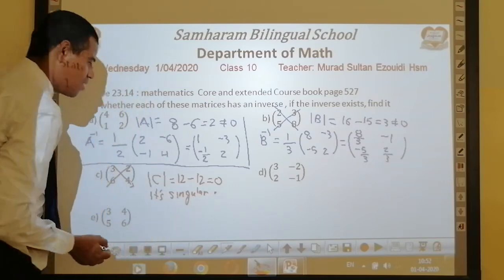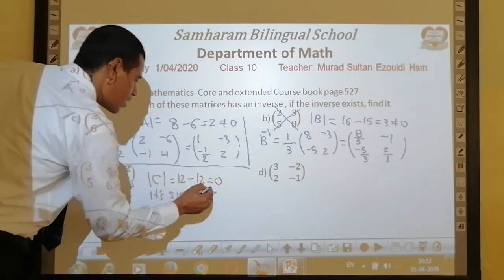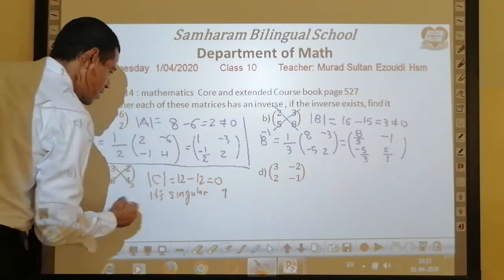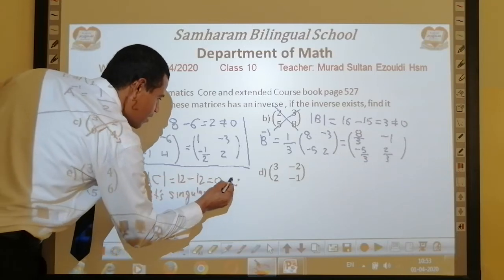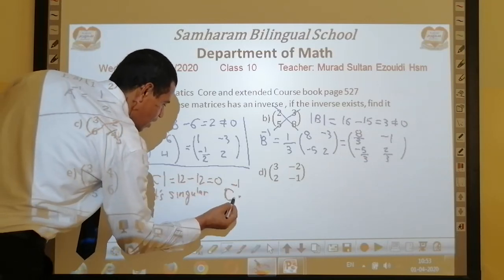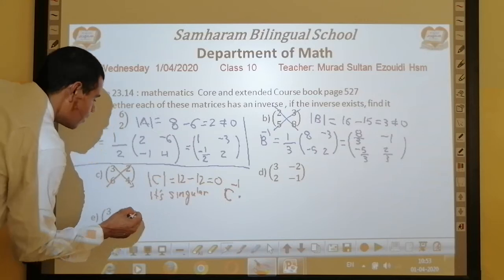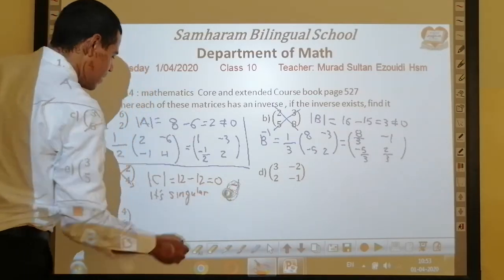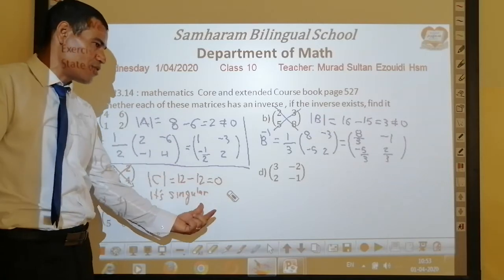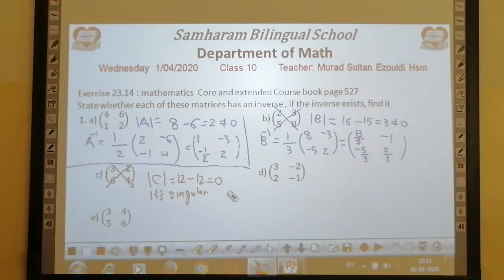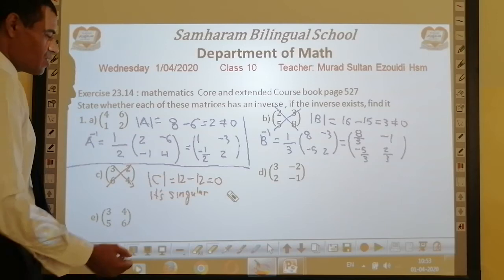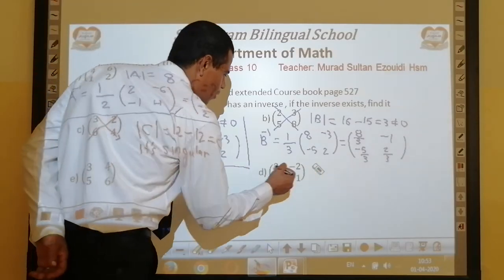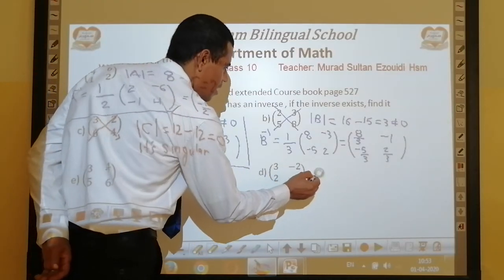Let's say C inverse does not exist. So it's clear, my kids, as it is singular, the determinant equals 0, no need to continue. It just has no inverse. The second one, I will label as D.